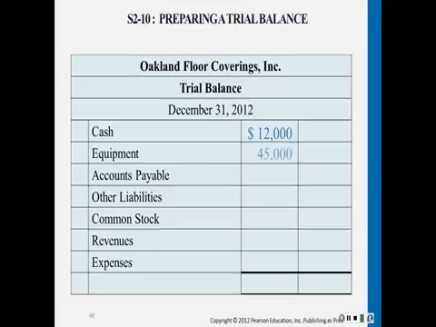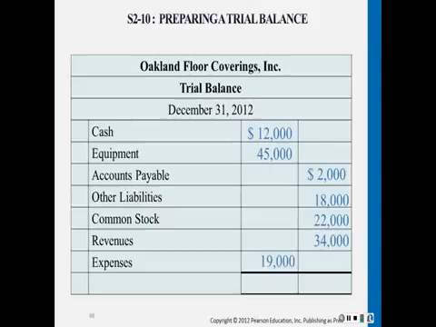We have equipment with a debit balance of $45,000. Accounts payable with a credit balance of $2,000. Other liabilities with a credit balance of $18,000. Common stock, a credit balance of $22,000. Revenue, a credit balance of $34,000. And expenses, a debit balance of $19,000.